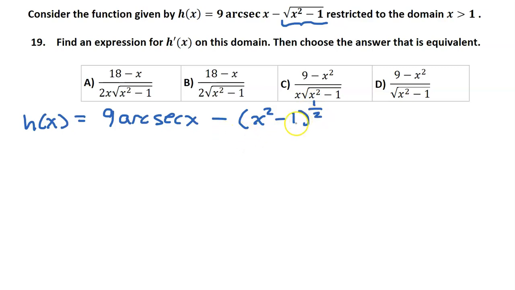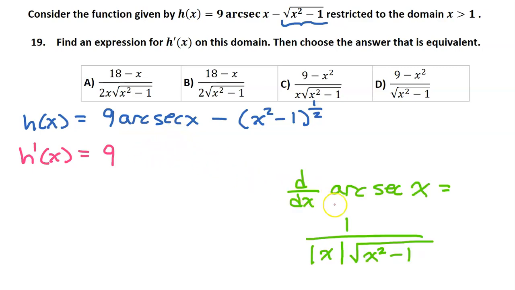So this would be the same as the 1/2 power. If I want to take the derivative, so I want to do h prime, I'm going to just take the derivative one term at a time. And in fact, when you take the derivative and you see a constant in the front, that constant can just sit there as you take the derivative of whatever comes next.